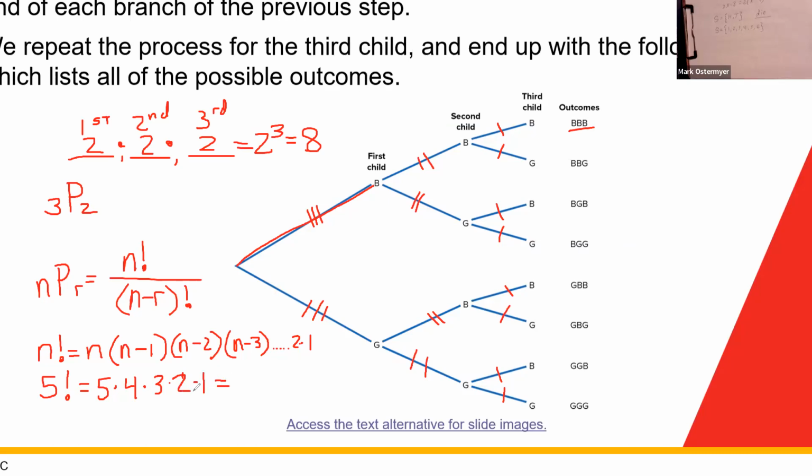So 5 factorial is 5 times 4, which is 20, times 3 is 60, times 2 is 120, times 1 is 120. That's called 5 factorial. So that's how the factorial function works here.